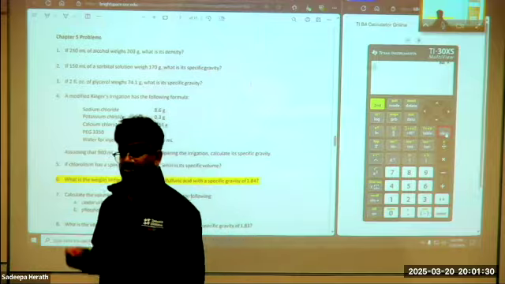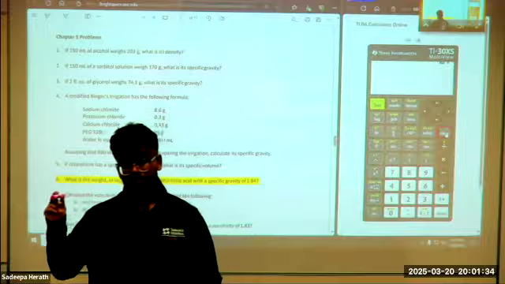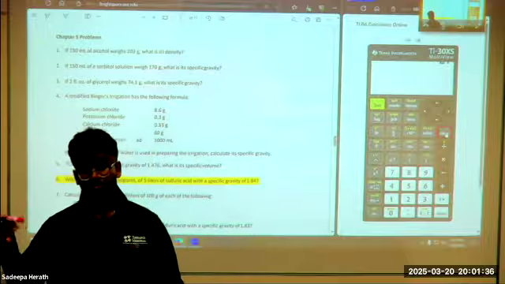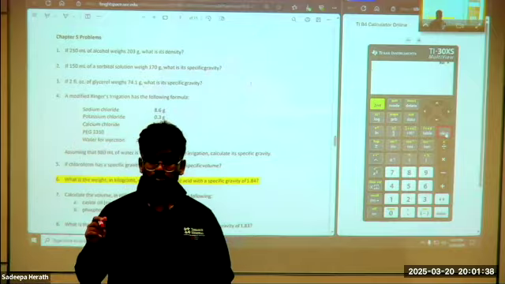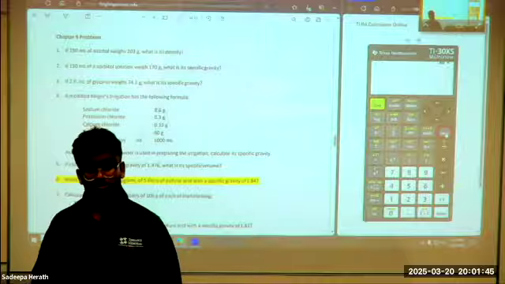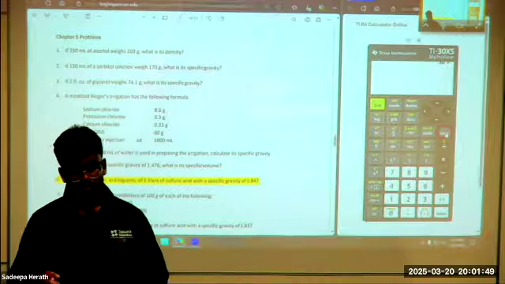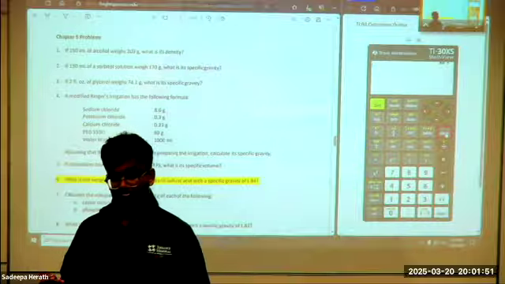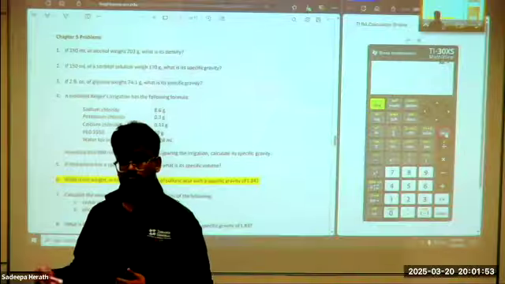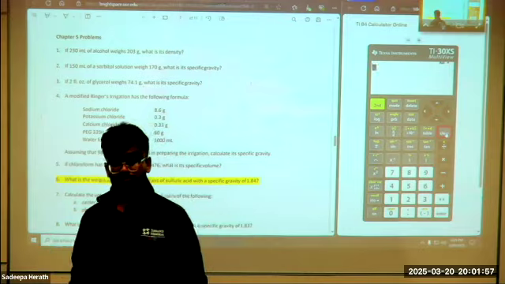Specific gravity is a ratio in which it's the weight of any substance to the weight of an equal volume of another substance. So let's just say there is 200 ml of this, and 200 ml of this weighs 96 grams.